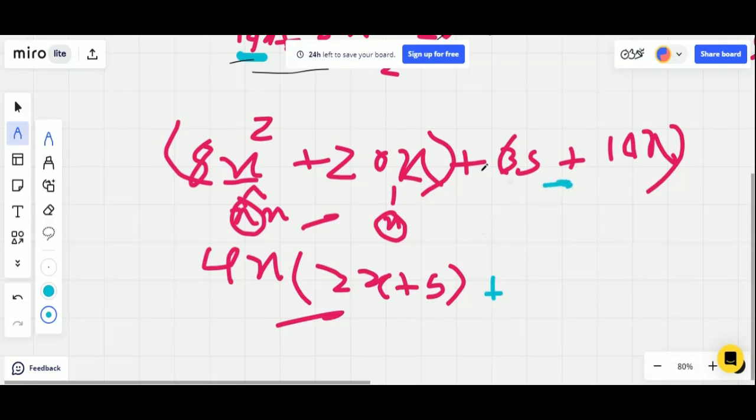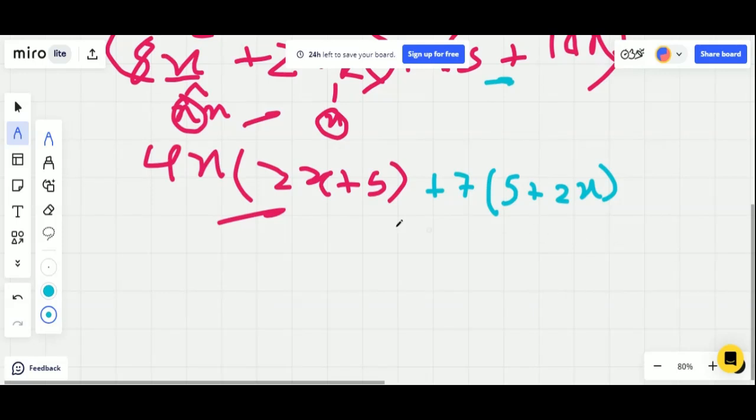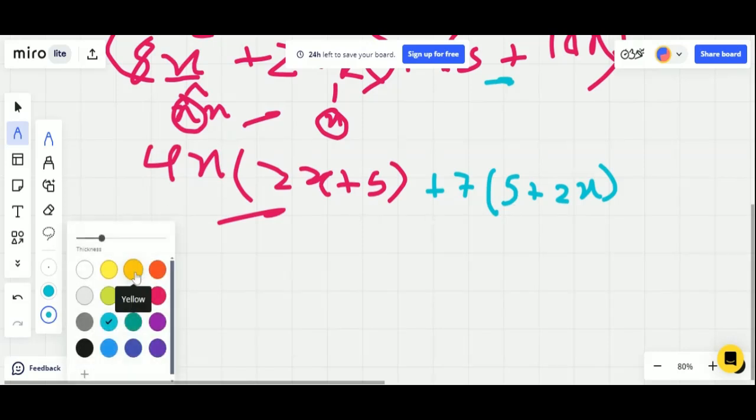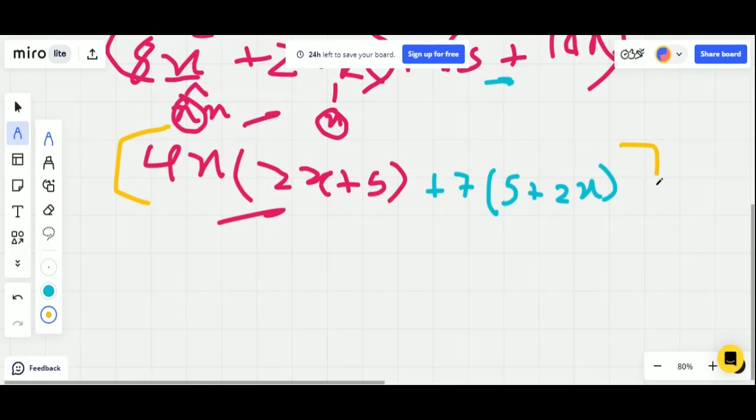Plus, and now I'm going to find the common factor in this one, which is 7. So if I'm taking 7 out, 35 by 7 is 5, plus 14x by 7 is 2x. Now we could take common in this. Don't end here. Now see if there are any more common factors.